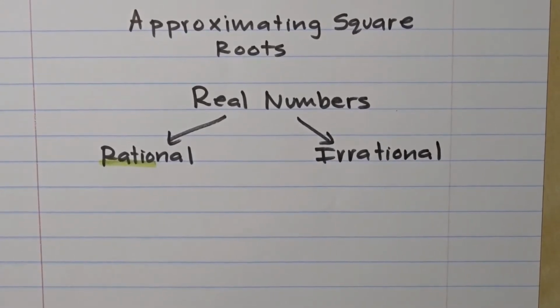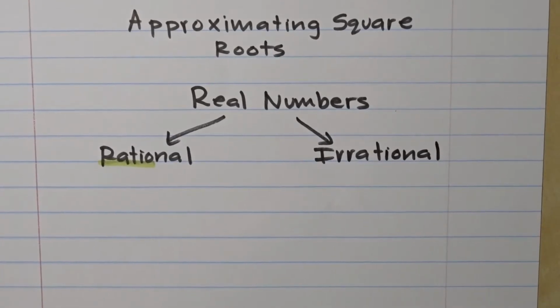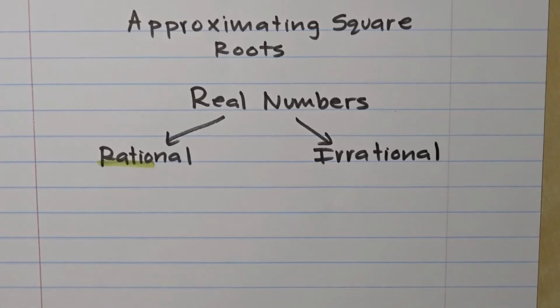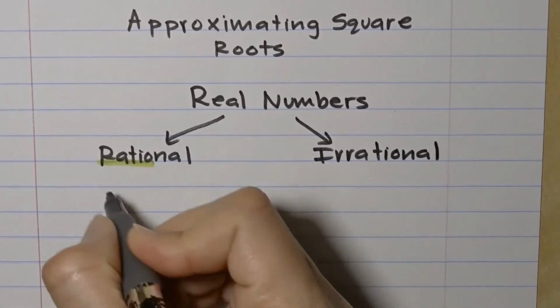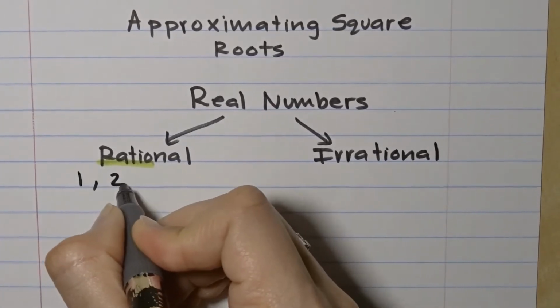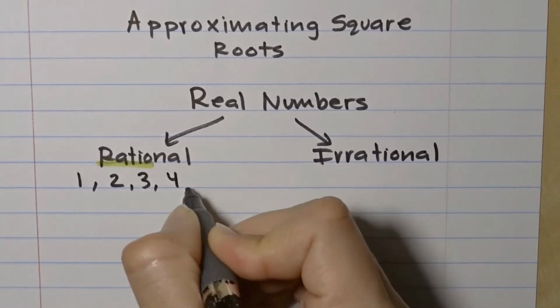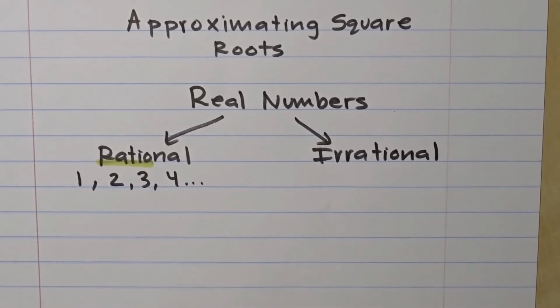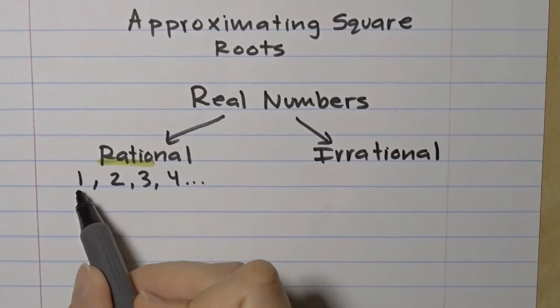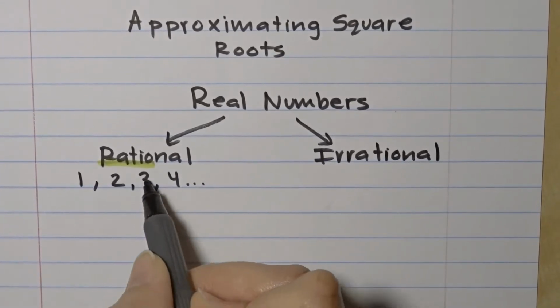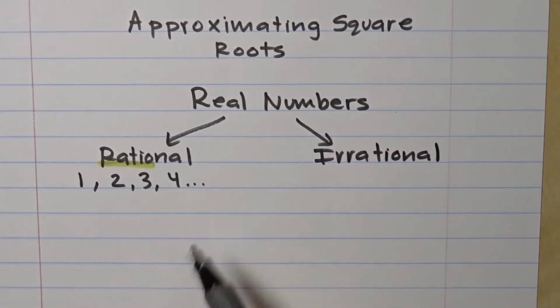So if it's a rational number, it means you can write it as a ratio or a fraction. Some examples would be the numbers 1, 2, 3, 4, and so forth. Those are all rational because we can write them as 1 over 1, 2 over 1, 3 over 1, 4 over 1. So technically they can be written as fractions.